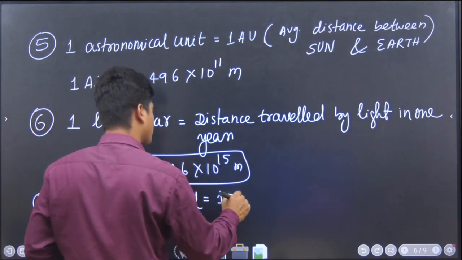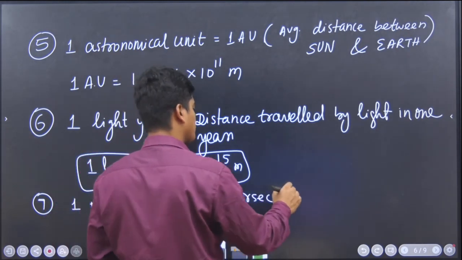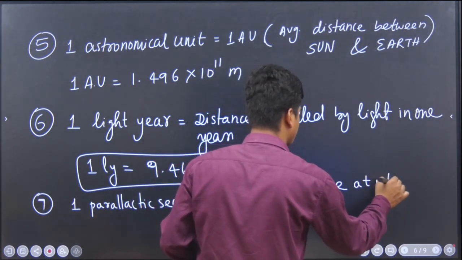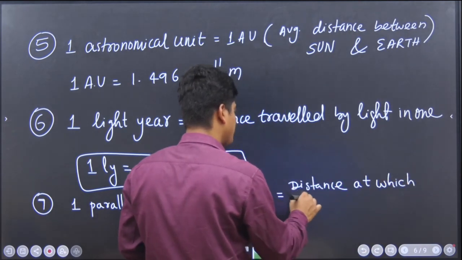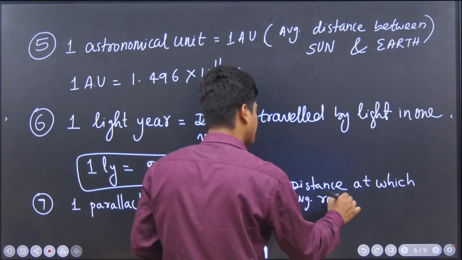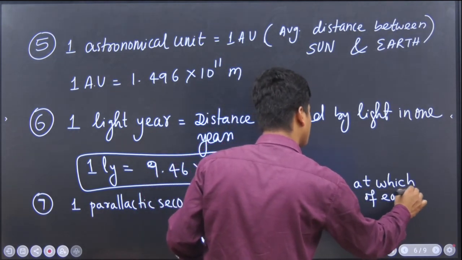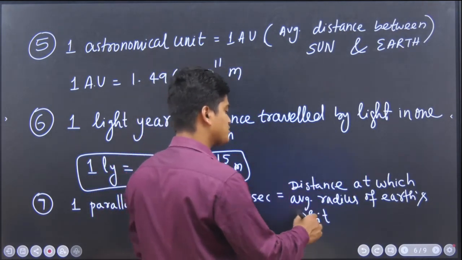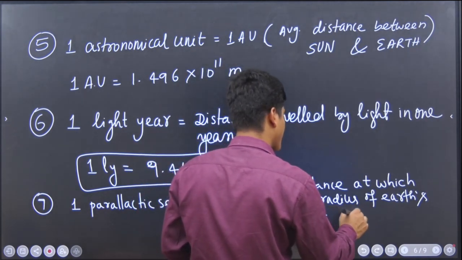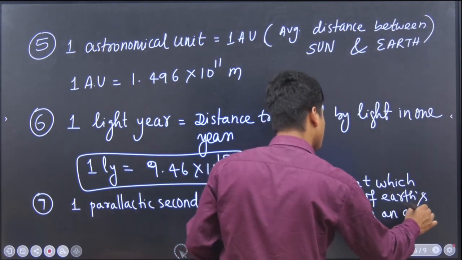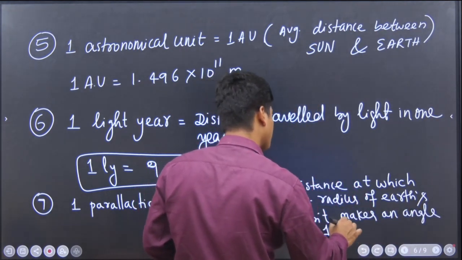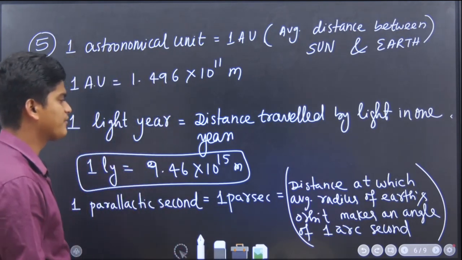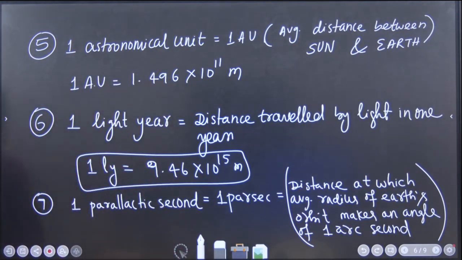This is also called 1 parsec. It is the distance at which the average radius of Earth's orbit makes an angle of 1 arc second.